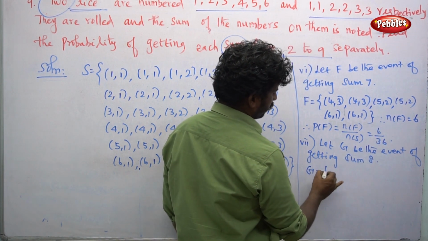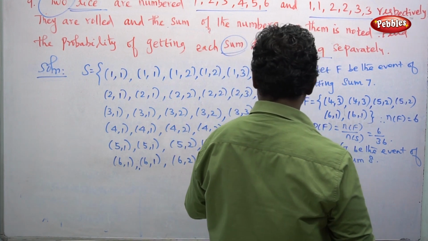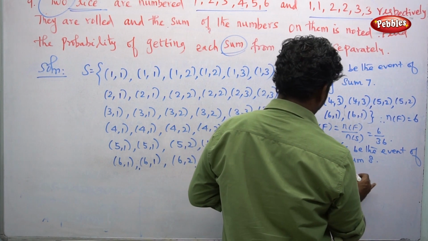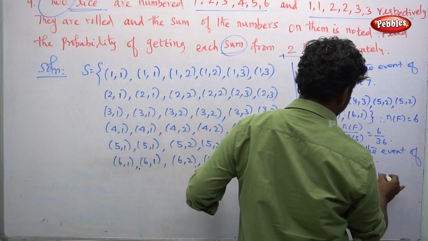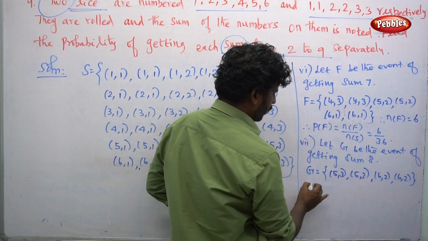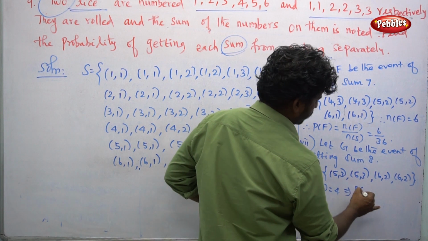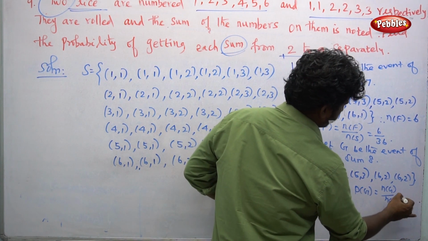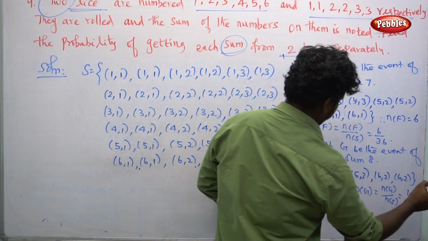So G is equal to, இப்போ 8 வரணும் இல்லையா. ஸோ எதெல்லாம் 8 வரும் பாருங்கள். 5, 3 8, 5, 3 8, 5, 3 8 then 6, 2 8, here also 6, 2. So therefore n of G is equal to 4 only. This implies P of G is equal to n of G by n of S, which is equal to 4 by 36.